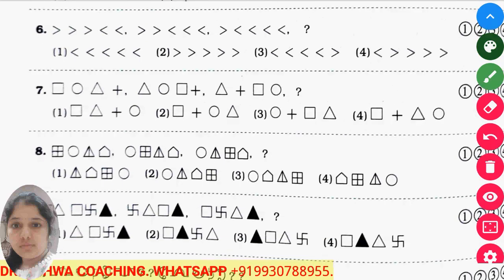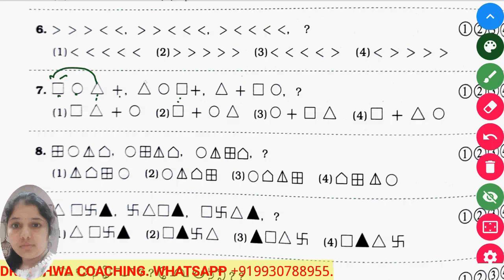Again, look at the series carefully and you can get an idea what is done there. Now see, square, circle, triangle, plus sign. Then the triangle which is at the third position is brought to first position.